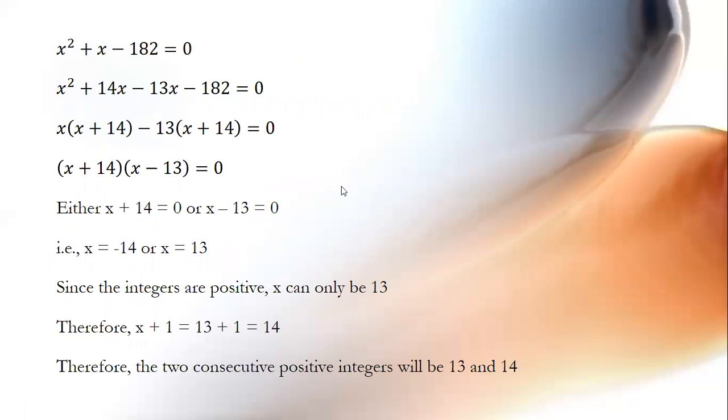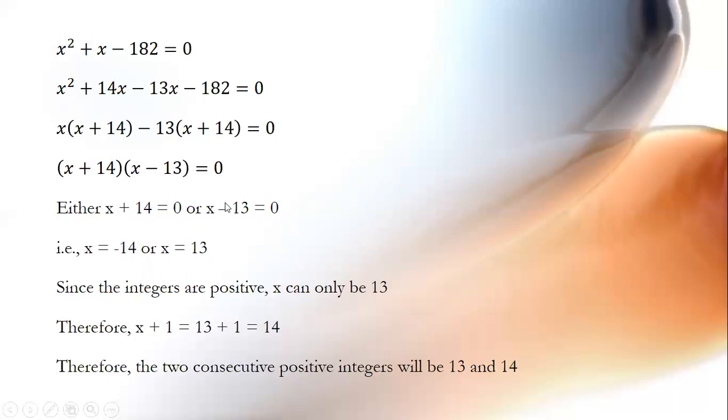Then we factorize them. This plus x can be factorized as plus 14x minus 13x. Then we take x common out, x plus 14 minus 13 into x plus 14 equal to 0. So x plus 14 into x minus 13 is 0. So either x plus 14 will be 0 or x minus 13 will be 0.